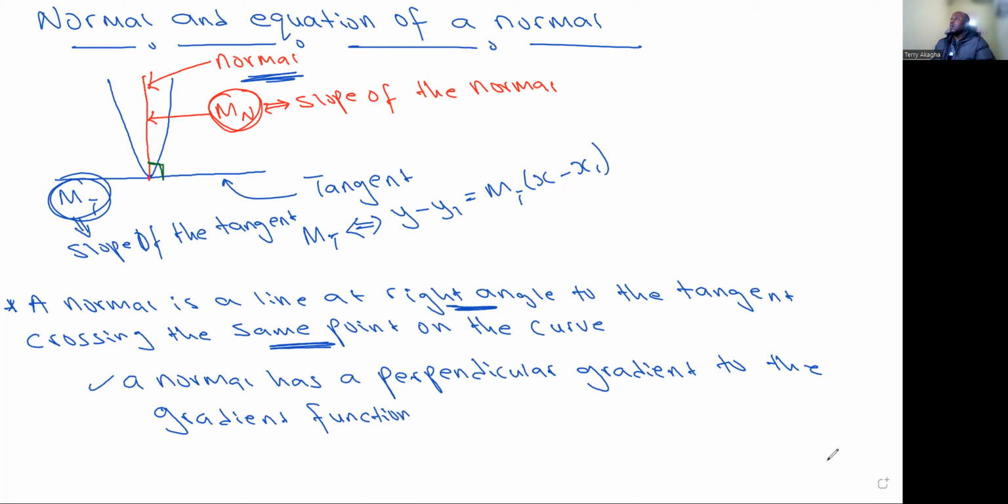Just a quick reminder of what we talked about in the previous video. I told you that the slope of the tangent is equal to dy over dx, and this is what we call the slope of the tangent.